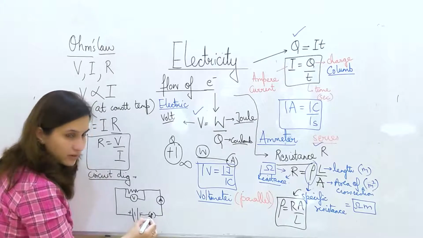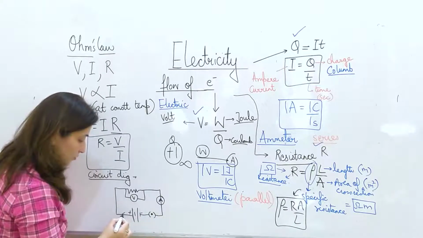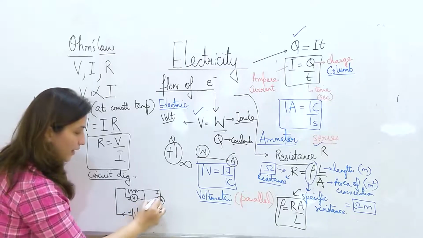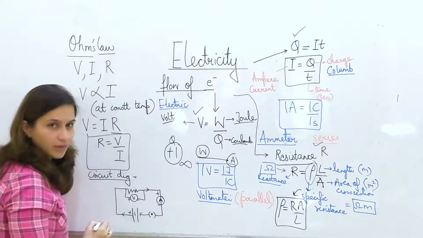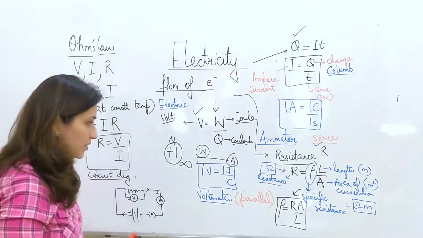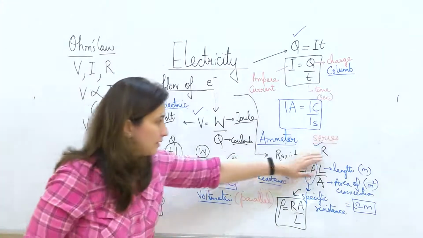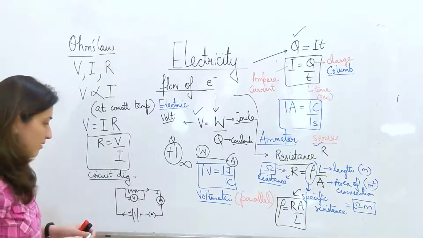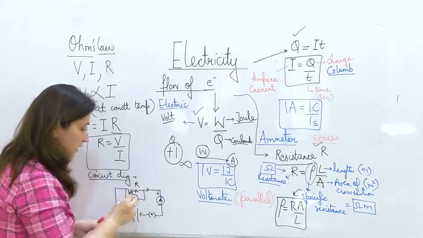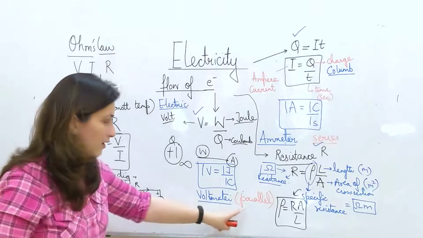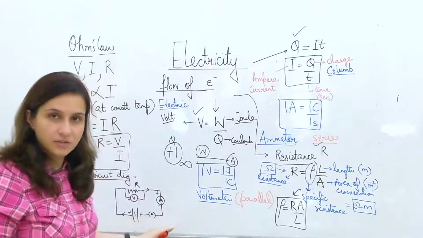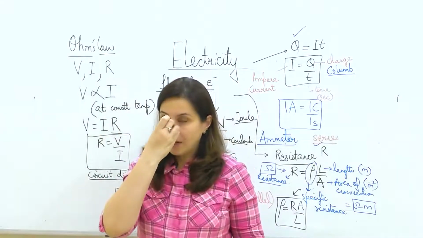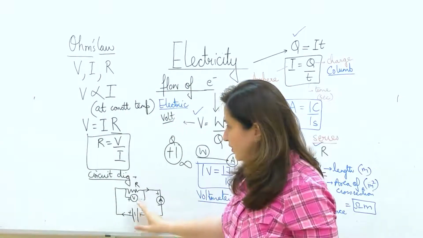If the key or switch is on, the current will start to flow from the positive charge. It will pass through the voltmeter and ammeter. And I already told you that the ammeter is always connected in series. In series means it is connected in the same wire as the resistance, and the voltmeter is connected in parallel to the resistance.